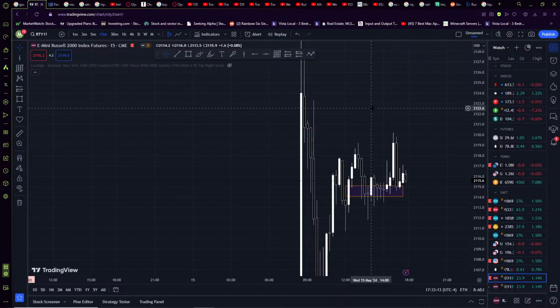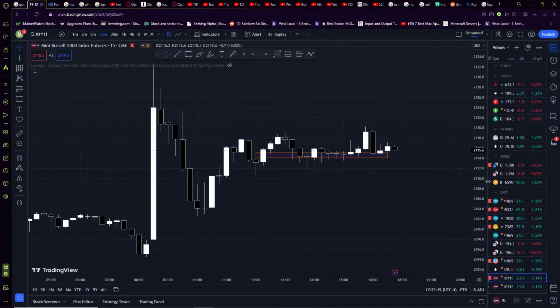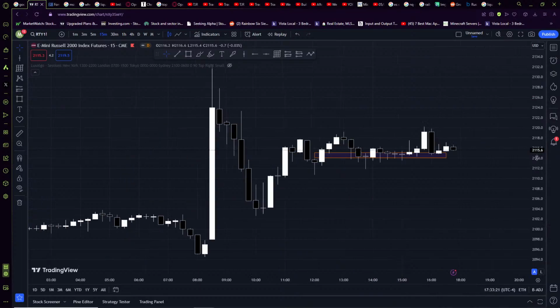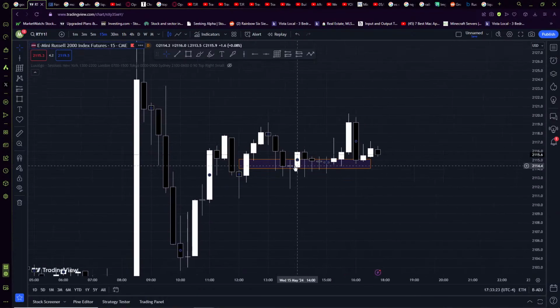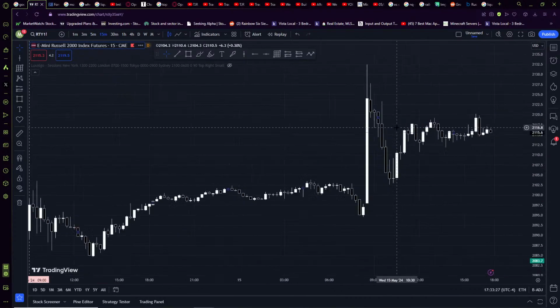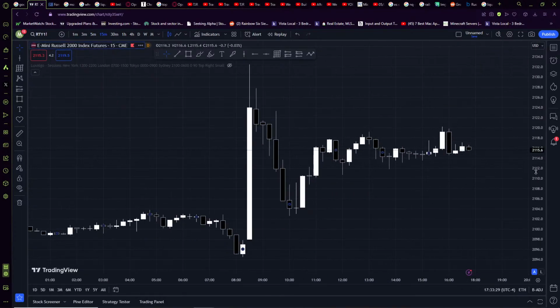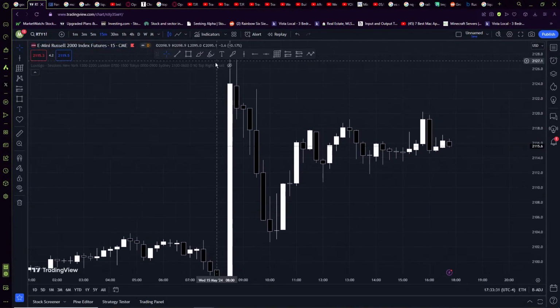Just double check. Okay, so like, let's get to work, I guess, right? We're on Russell. So I guess we do 5 minute. So like, okay, what do we get? Fair value gap in a doji.